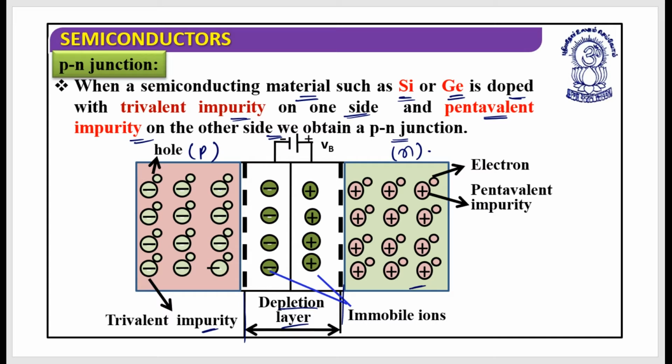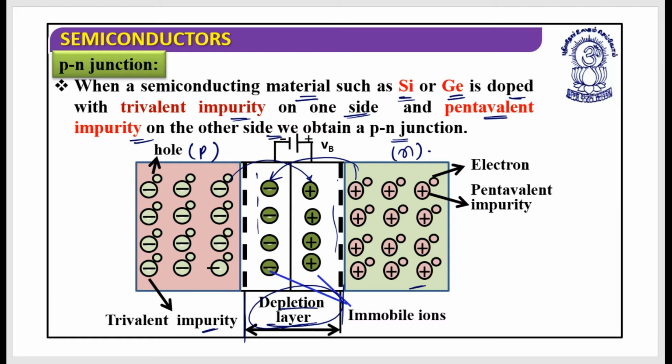When we connect the p type material and the n type material, certain electrons travel from this side to this side, and certain holes travel from this side to this side. So a region is formed in between this PN junction, and that region is what we call the depletion region, and it has certain ions.